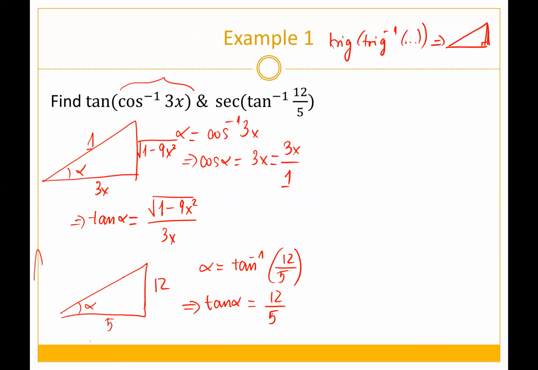If you use the Pythagorean theorem, you can find the hypotenuse to be 13, which is the square root of 12 squared plus 5 squared. Then secant of alpha is 1 over cosine alpha. Cosine is adjacent divided by hypotenuse, so secant is hypotenuse divided by adjacent. So that's my answer. Again, the lesson is that for questions asking for the trig function of an inverse trig function of something, use the right triangle formula.